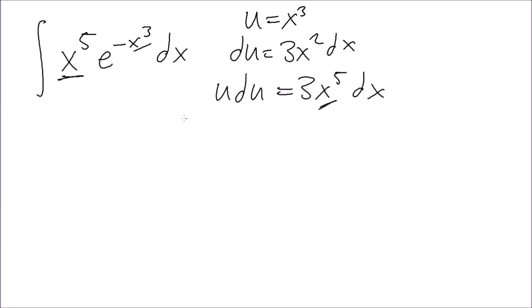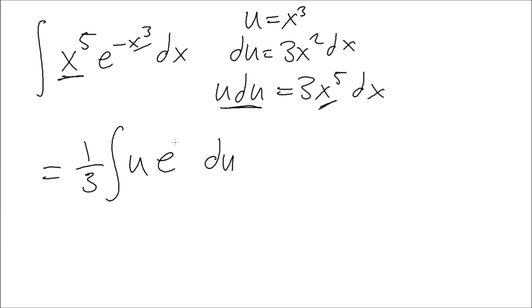Du is going to take care of that. Cool. So now we have 1/3 of the integral. Don't forget, it's u du now. So this is u e to the negative u du. Now, just to be safe, you could go into integration by parts.